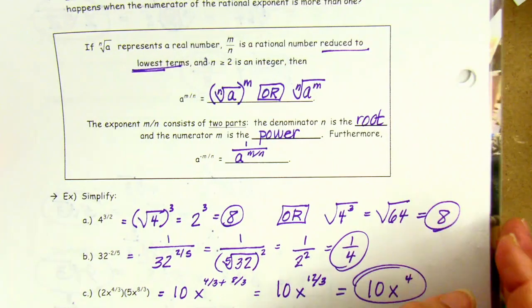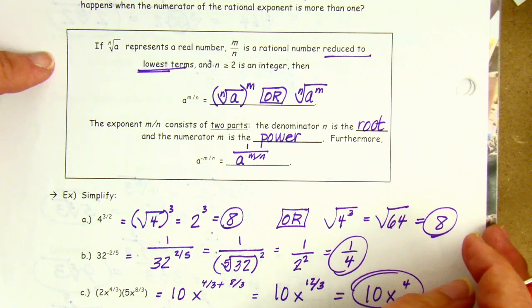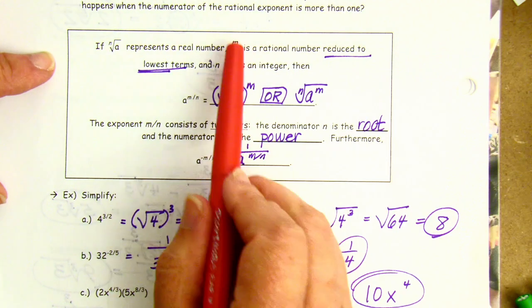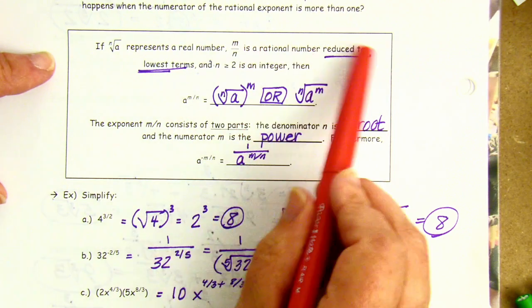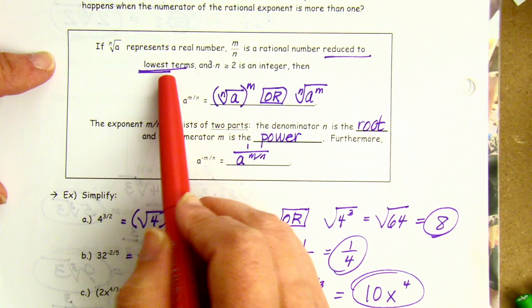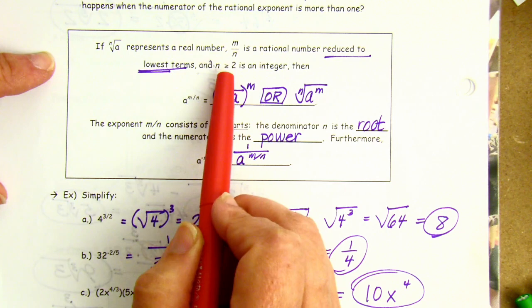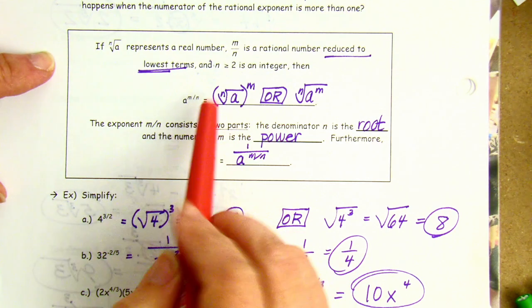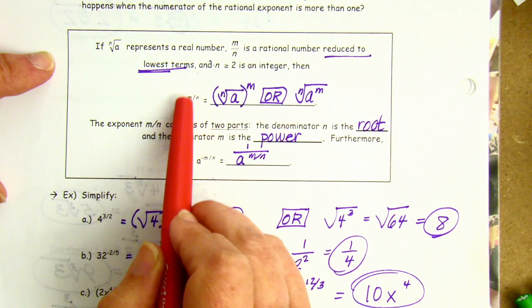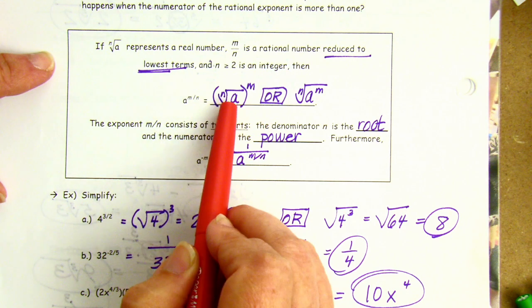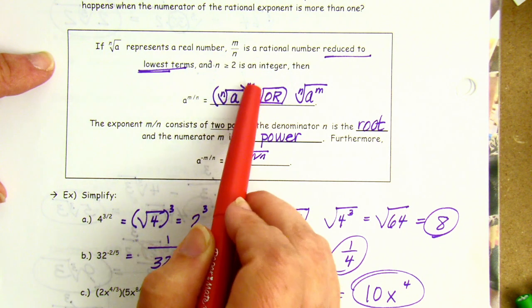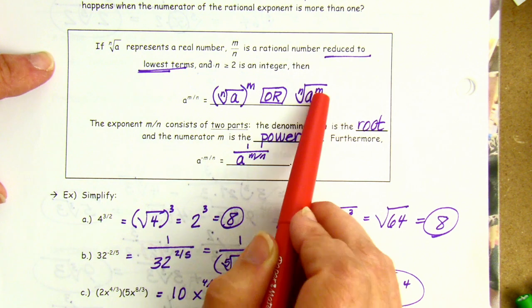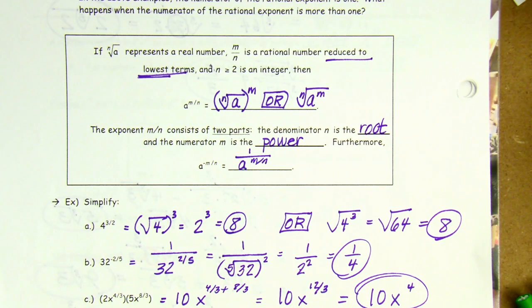This part of the notes, if the nth root of a represents a real number, m over n, that's your rational exponent, is a rational number reduced to lowest terms, and you at least have a square root or more, then we could rewrite this a to the m over n as the nth root of a with the m on the outside of the radical or on the inside. They both mean the same thing and they both do the same thing.